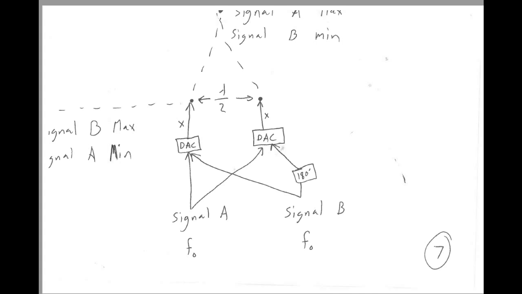And now, because it's all digital data, hopefully you can see that with this setup, I can have signal A be at F0 and put its signal max at position A. And I can have signal B, because I'm adding that 180-degree phase shift to the one DAC, put its signal to be max at position B. And this can all be happening at the same time.